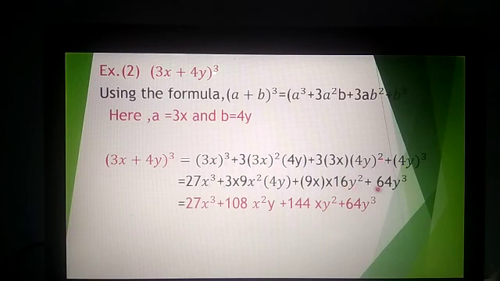So 16y square, plus 4 cube means 64y cube. So what is the final answer now? 27x cube plus 3 into 9 into 4 will become 108x square y, plus 16 multiplied by 9 is 144xy square, plus 64y cube. In this way we have solved the second example also.